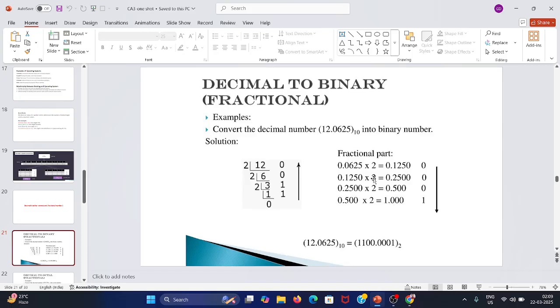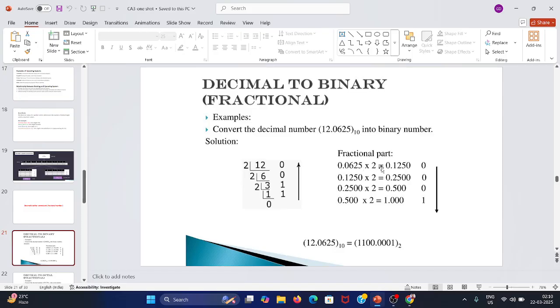At first we multiply 0.0625 by 2, which is 0.1250. The left part of that result is 0 till now. Just follow my cursor. So here I have written 0.